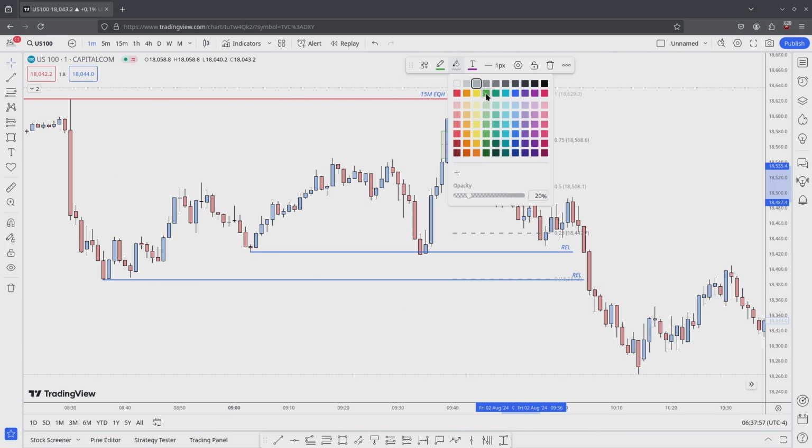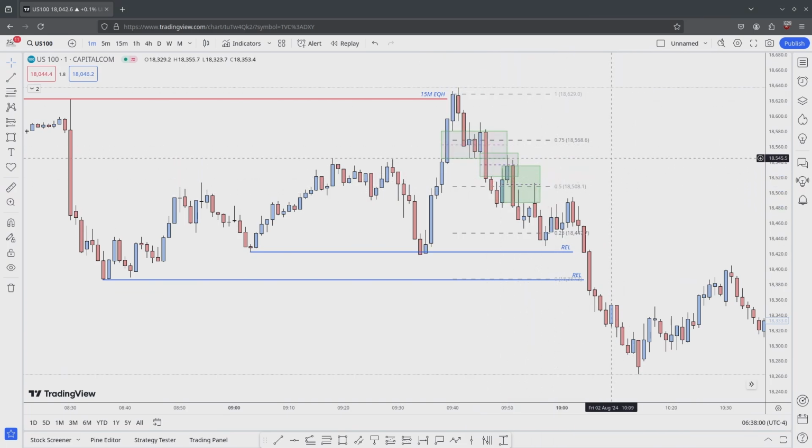Again, I'm making them green so that this is our focus point. We would then be expecting price to trade to the mean threshold of these up close candles, and that just happens to coincide with the 50% of this expected trading range over here. So that would mean you still would be able to take a position as we are still in a premium here.